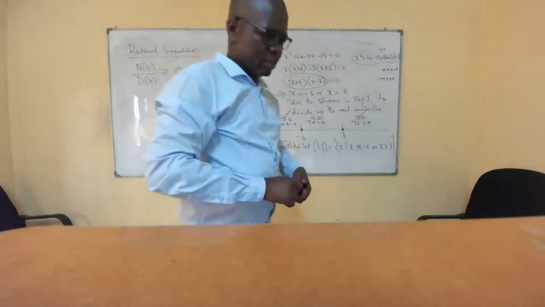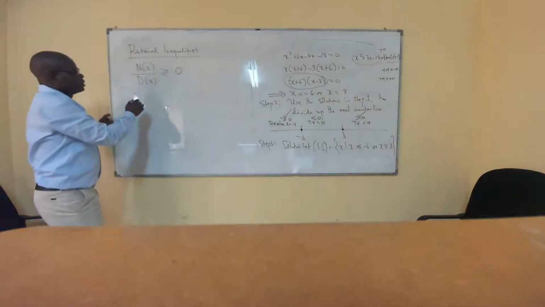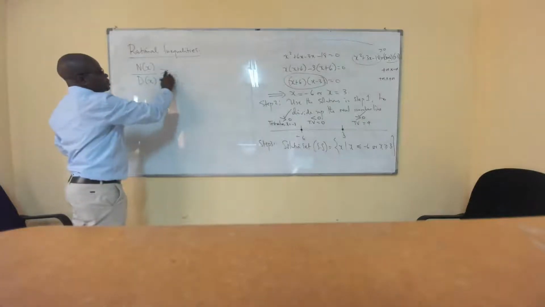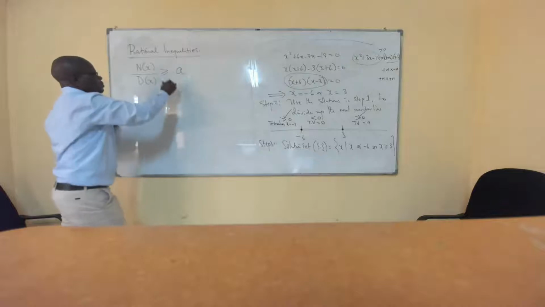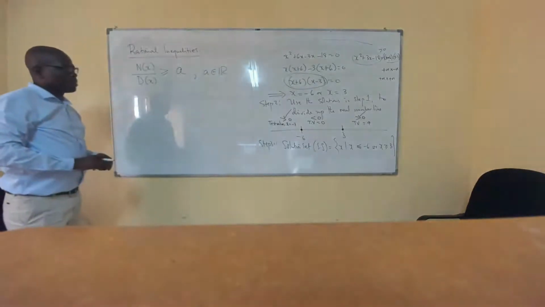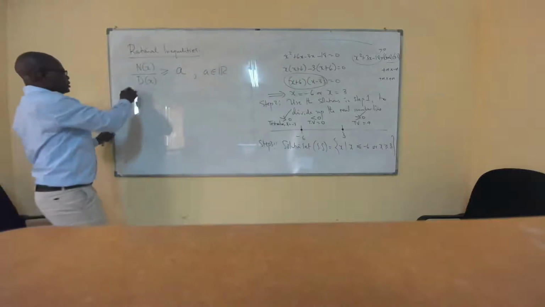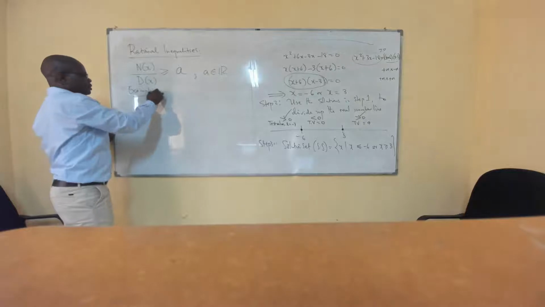Let's look at an example. This could be anything, maybe we could put A here, where A is a real number, something like this. Let's look at 2 examples.